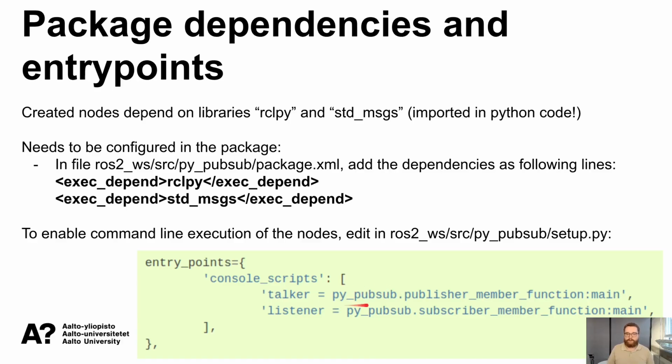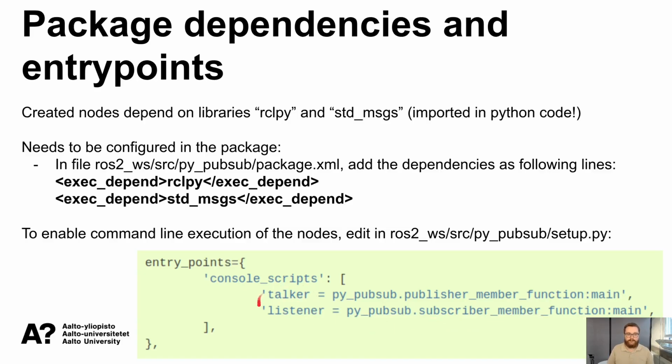Here we are putting the package name, here the name of the file without the .py suffix, and then main, the function that's the executable. And we are naming this talker. So talker equals this. Talker is our publisher, and then listener is, with the same syntax, the subscriber.